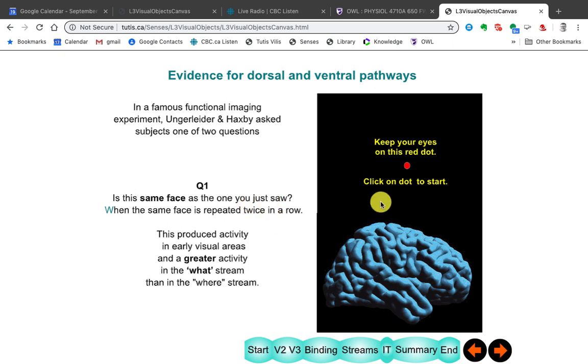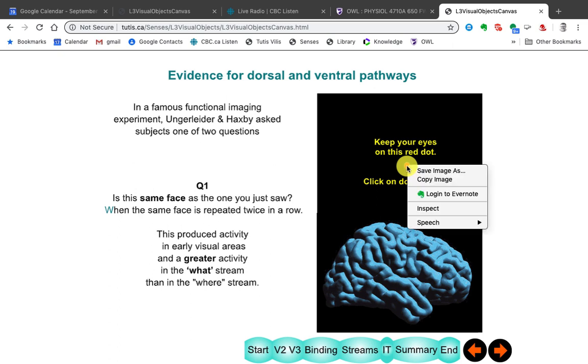So why don't you guys try that? I'm going to click this dot here, and you hit the table when you see the face that you're looking at the moment is the same as the one that was there previously.